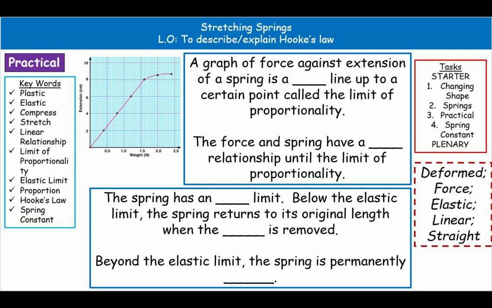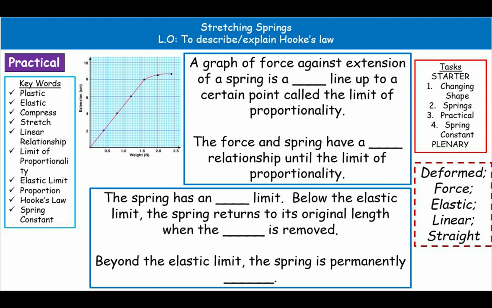Now if we think about what's happening to our spring as we add greater masses onto there and therefore increase the force, then what's actually happening is it's going to extend in this nice linear way for a while, and when we take those masses off, it will be able to return to its original length. But if we add more masses than it can actually withstand, so we go beyond something called the elastic limit of our spring, then when we remove the masses, it doesn't go back to its original length.